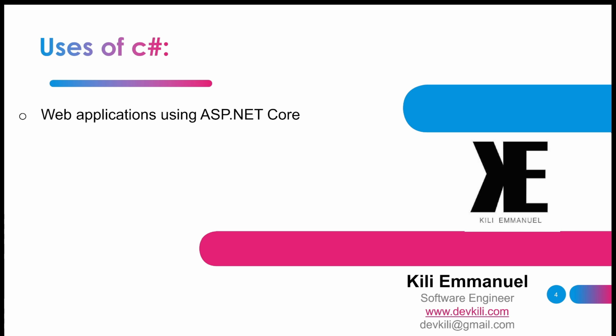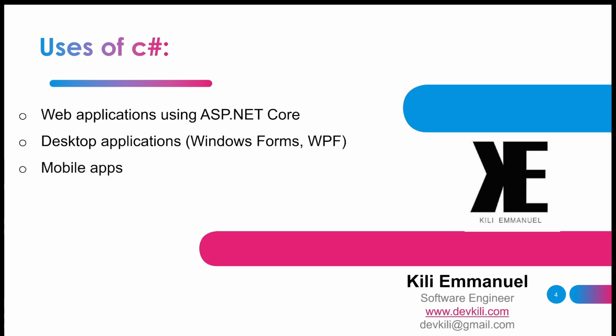It is used to develop web applications that run on .NET. So we use C#, that is ASP.NET Core, to build a web application. Also, we use maybe WPF, Windows Forms, and other UI frameworks to develop desktop applications using C#. Also, C# is used to develop mobile applications. You know them.